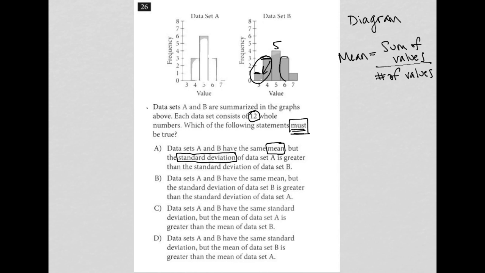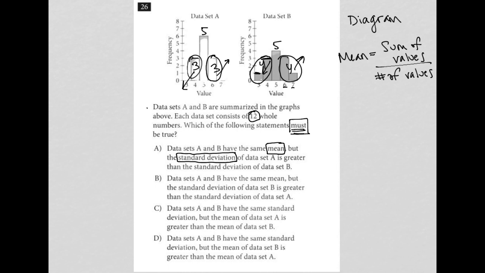And then on this side, I have 4 data points that are higher than the mean, right? So 6 is higher than 5, 7 is higher than 5. So that gives me some sense of the deviation, how these values deviate from the mean. For data set A, I have 3 data points that are higher than the mean, and I have 3 data points that are less than the mean.